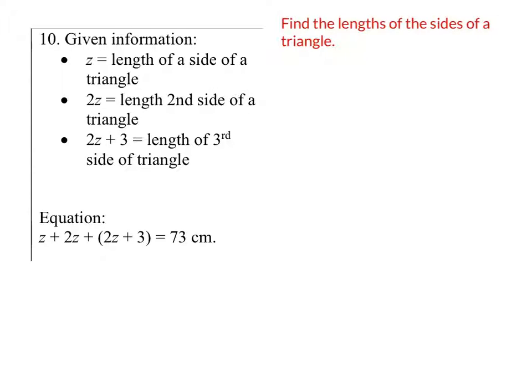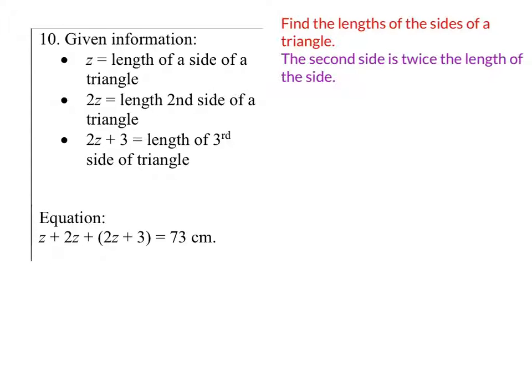Well, we'll include the rest of this, like we got the length of the second side, which is 2 times the z. So we could just say that the second side is twice the length of the side.